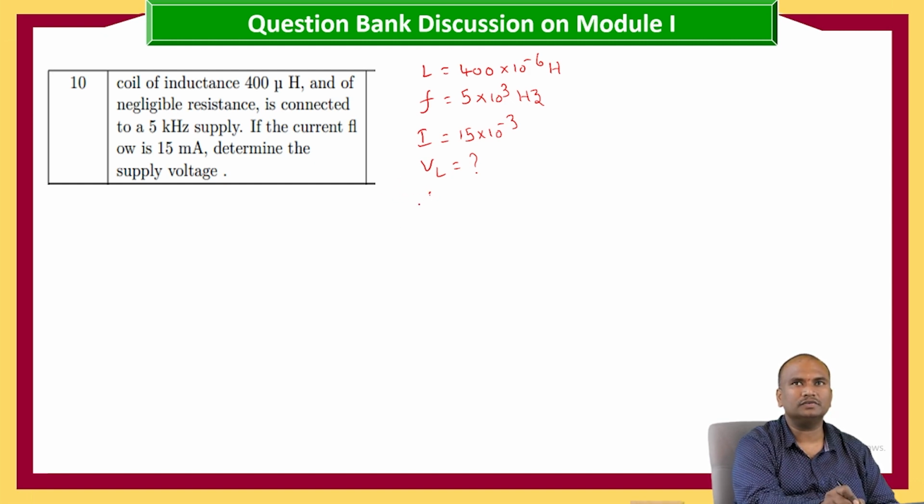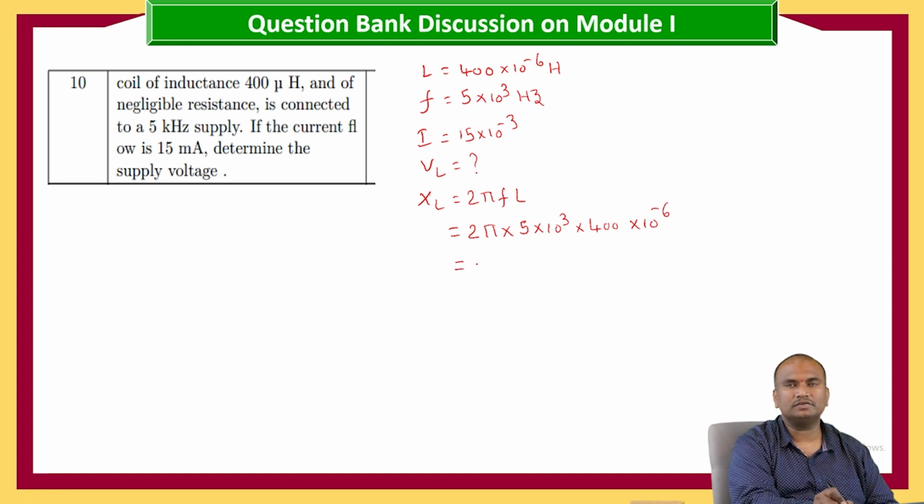XL is equal to 2 pi FL, which is equal to 2 pi into F value 5 into 10 cube into 40 into 10 to the power of minus 6, which is equal to 12.57 ohms. This is the XL value.